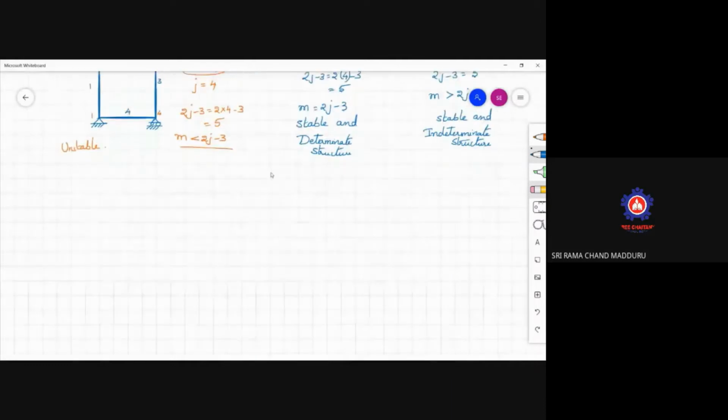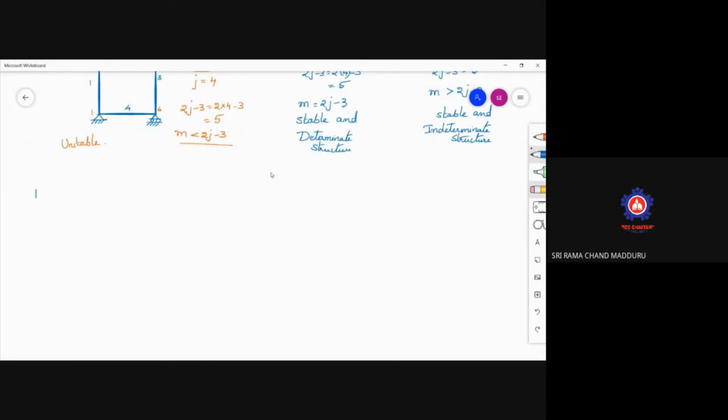Next point, methods to analyze pin jointed perfect plane frames. In that we are solving how to analyze these.